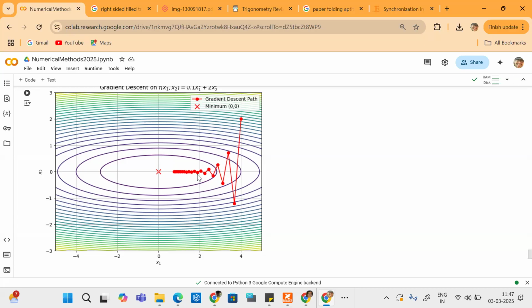I have marked 0, 0 as the minimum, but gradient descent has not yet reached the optimum even after 20 iterations.